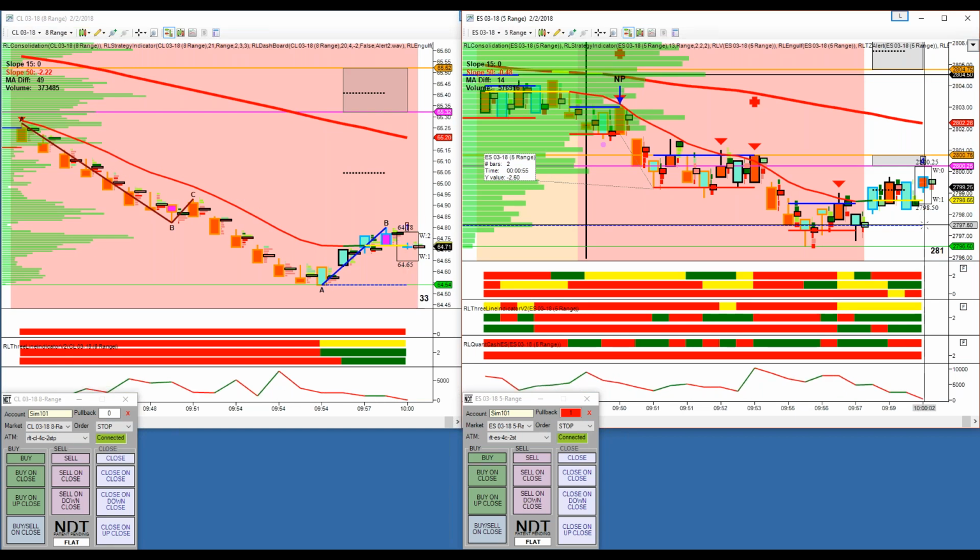Our market's real choppy. Looking for a short trade on crude. We need the 3 line.